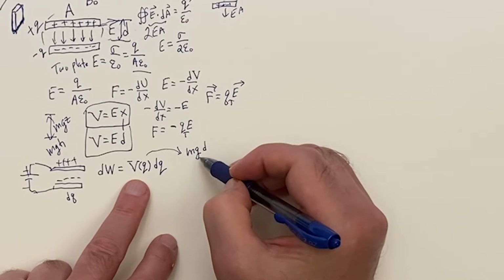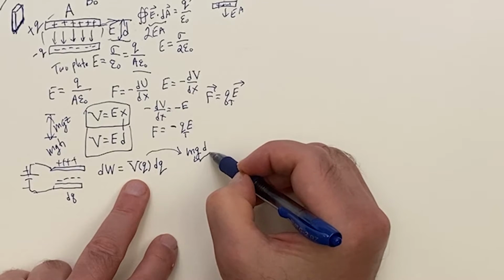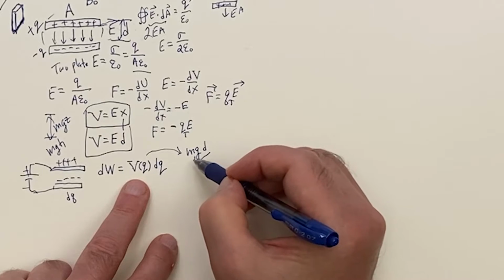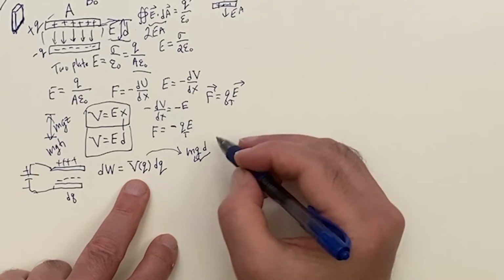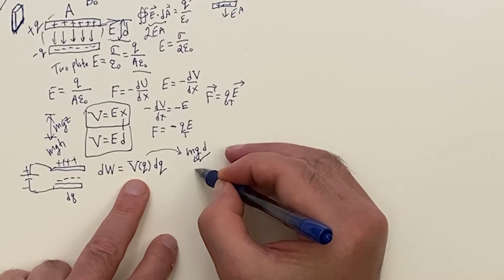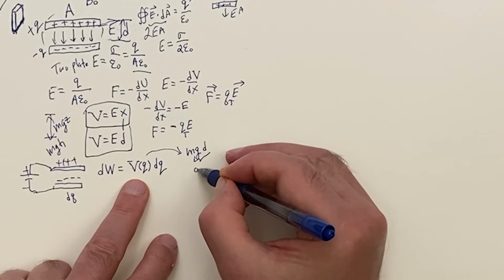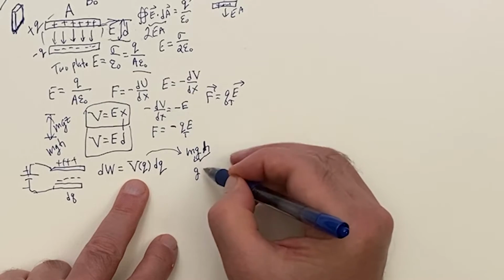So the potential per mass would be this part here, and it's like saying we're going to put more mass higher up. A very simple case would be, maybe just make it h for mgh.